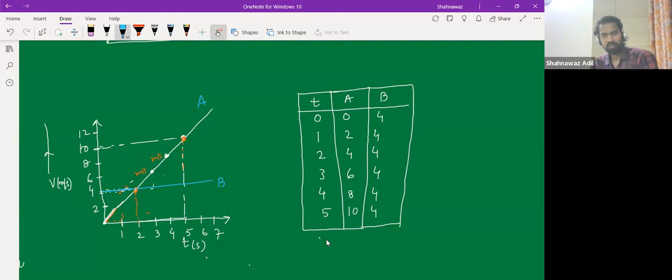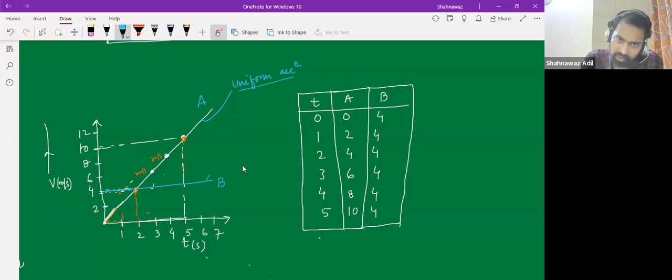Yes, sir. So looking at this graph, this is what? So this is uniform acceleration, right? And what is the acceleration of this graph? Acceleration is equal to slope, right?